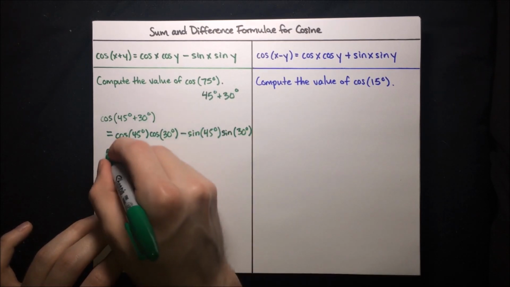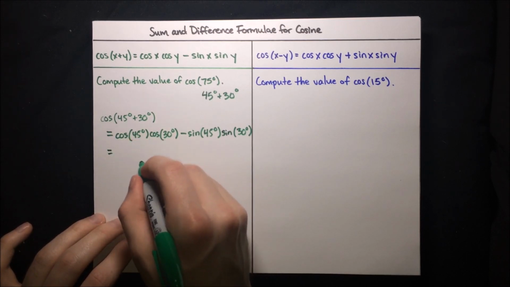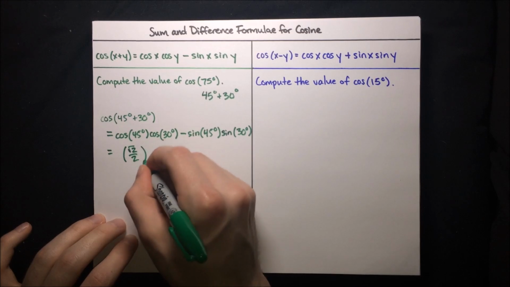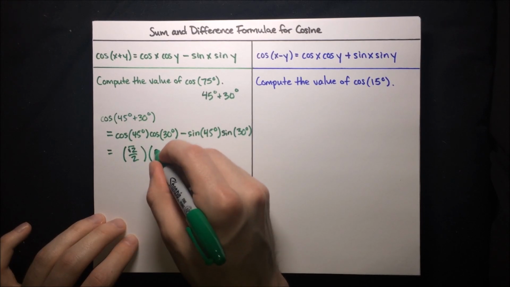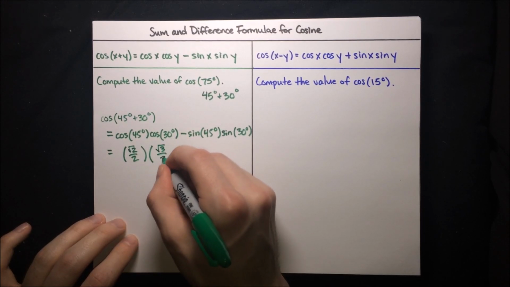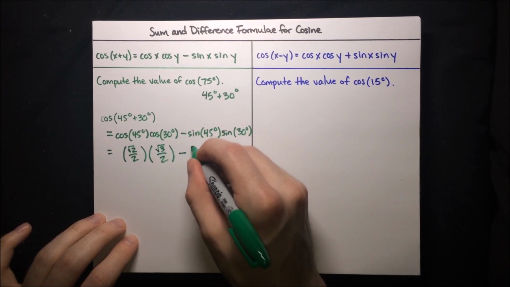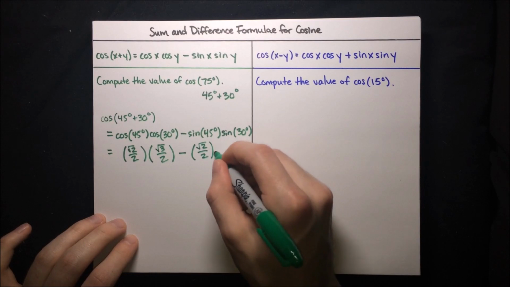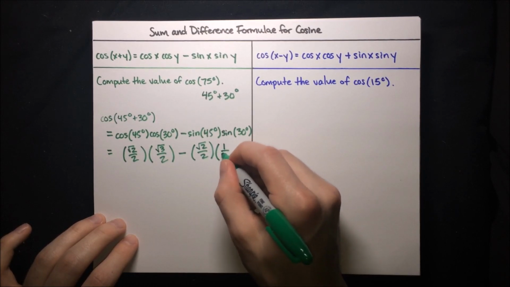And now we'll just evaluate. Cosine of 45 degrees is just root 2 over 2, and cosine of 30 degrees is just root 3 over 2, and then minus sine of 45 degrees, which is just root 2 over 2, and sine of 30 degrees is just 1/2.